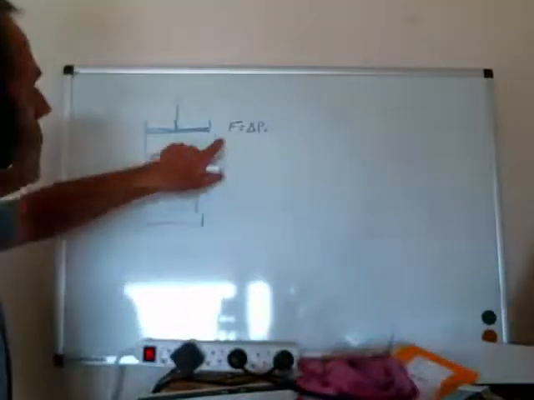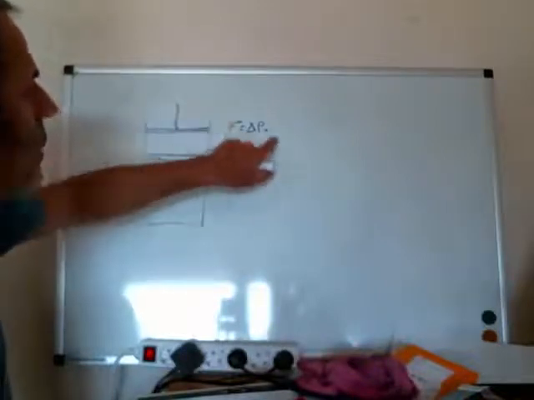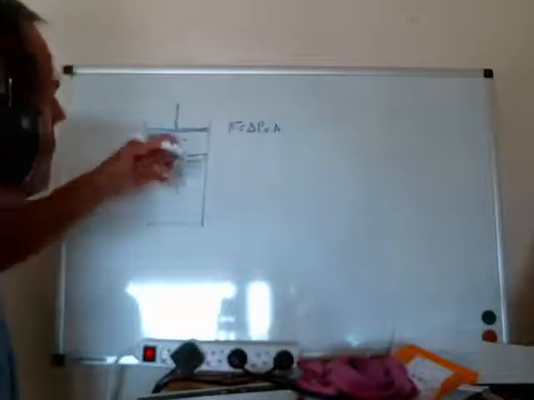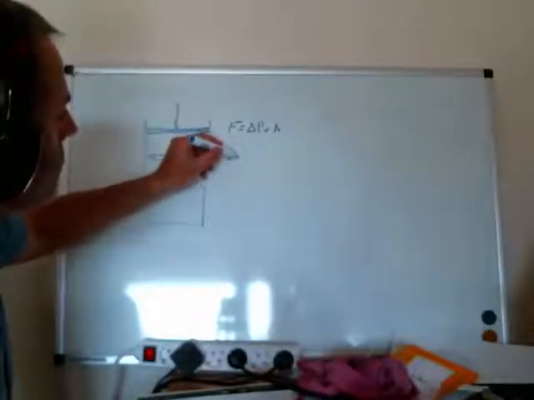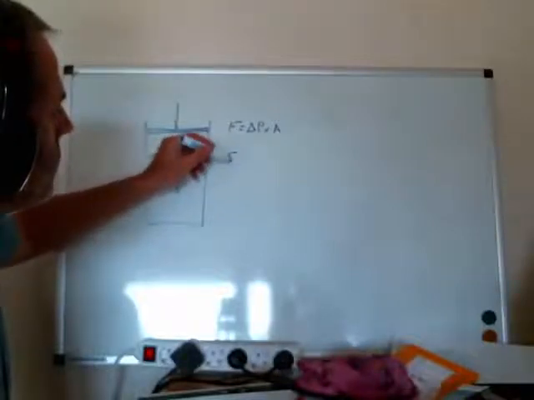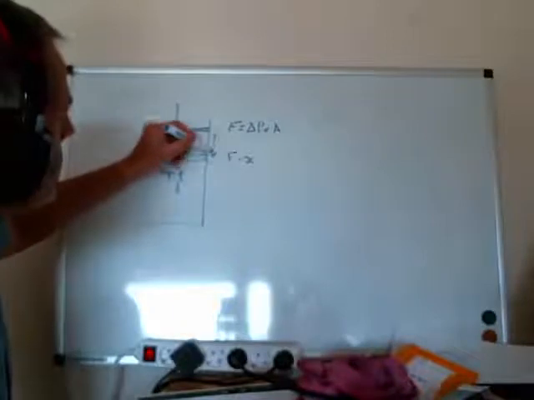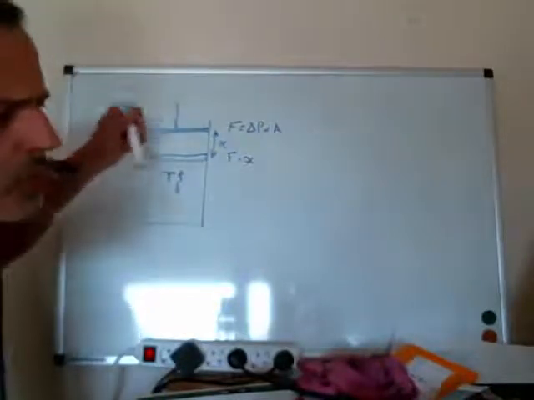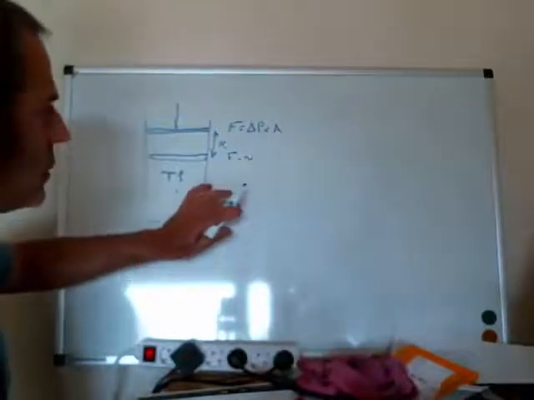The force is the pressure, the difference in pressure between the inside and the outside, multiplied by the area of the piston, and the work done is the force times the distance. So F dot x, where this is x and the area of the piston depends on what shape it is. So that would be the engineering explanation.